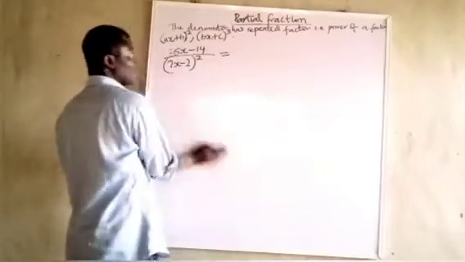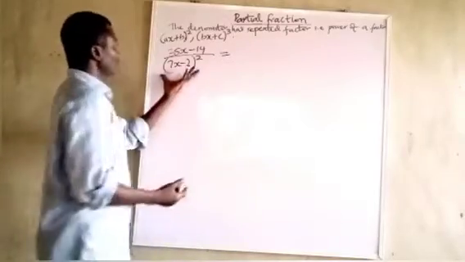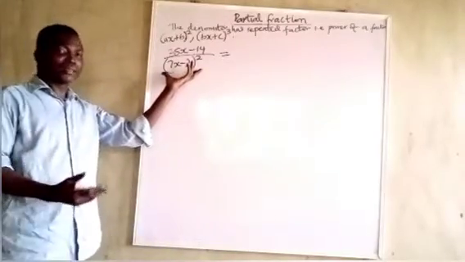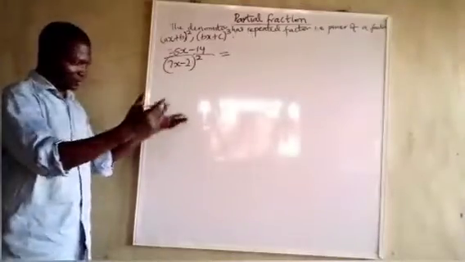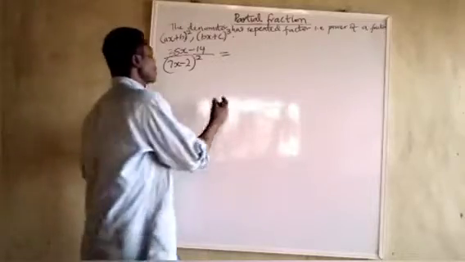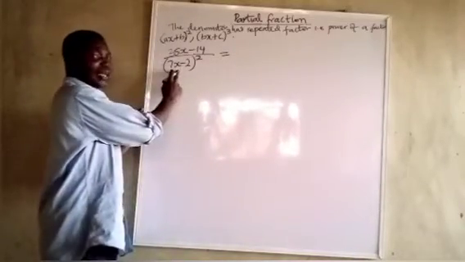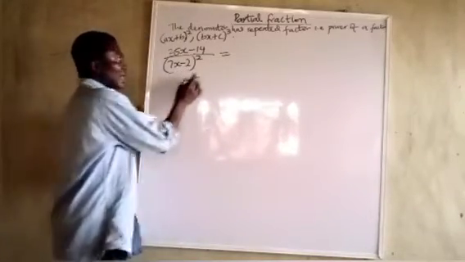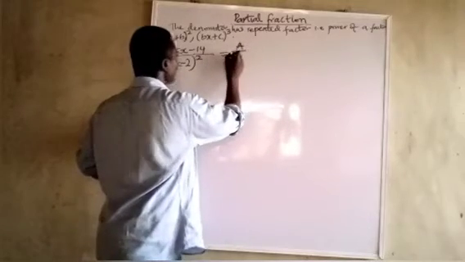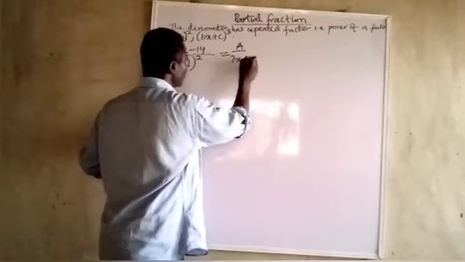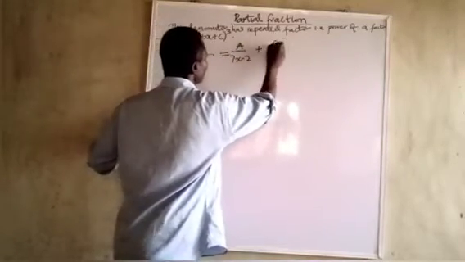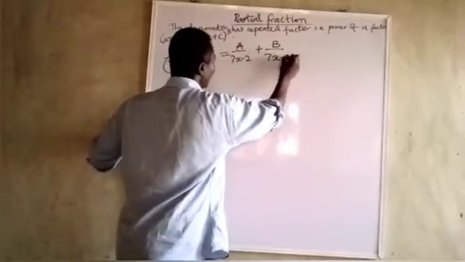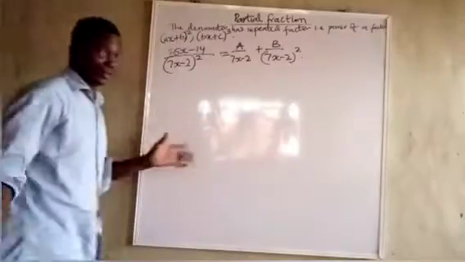When I want to break it into partial fractions, this one contains multiples of factors. 7x minus 2 is a factor of this. I'm going to have something like a over 7x minus 2 plus b over 7x minus 2 squared. That's what you are saying.